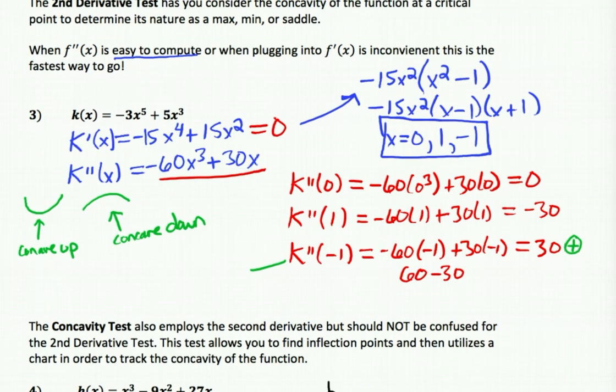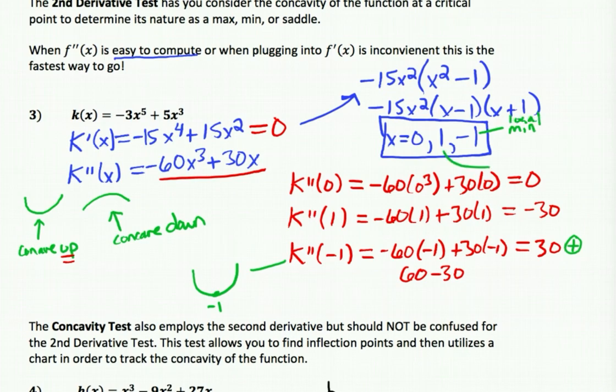When I calculated the second derivative at -1 and got a positive 30, that means it's going to be concave up because it was positive. So at -1, the graph looks like this. That's concave up, and since it's concave up, that tells you clearly, looking at this picture, that this is a minimum. So I can say that this is a local min.